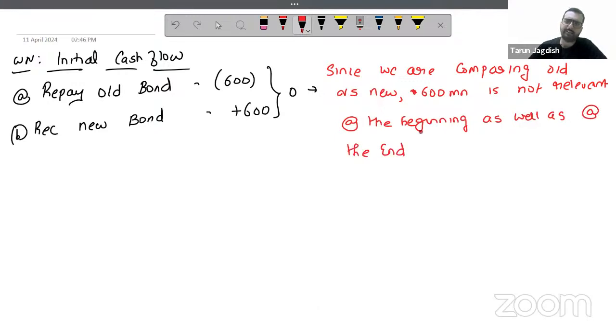Friends, this 600 million is not relevant at all. What are we trying to do over here? We are trying to compare the old bond versus the new bond. So when you do that, the 600 million is not relevant at all. Okay. What is relevant is the other cash flows that are coming in between.